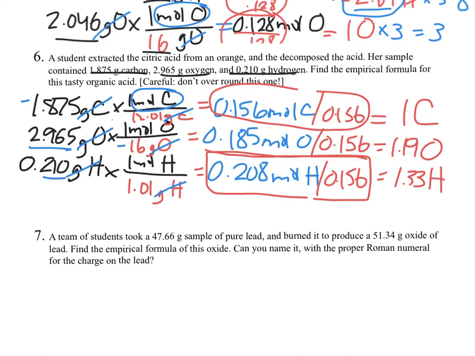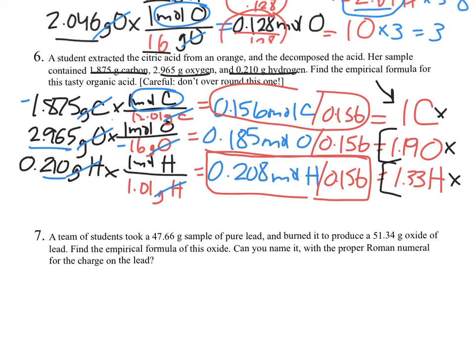Okay, so we have to figure out some number to multiply all these guys by so that all three of them end up being very close to a whole number. Now carbon's easy, no-brainer. Since it's a 1, no matter what you multiply it by, it's going to be near a whole number. But this 1.19 and 1.33 ends up being a tough one.